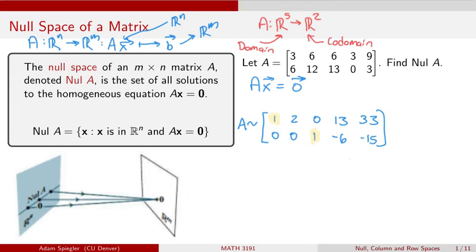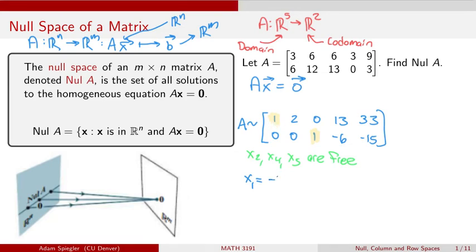So from this, I can see that x2, x4, and x5 are free variables, since those columns don't have a pivot. And from the pivots, we can see that the solution to the homogeneous equation would be that x1 is equal to, and then we would need to bring all of these terms to the other side of the equation if I wanted to solve for x1.